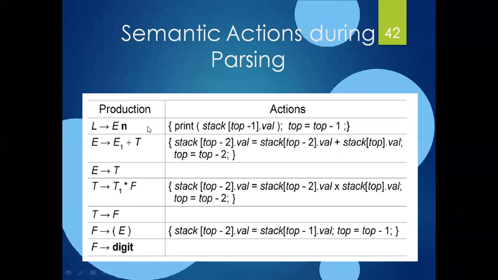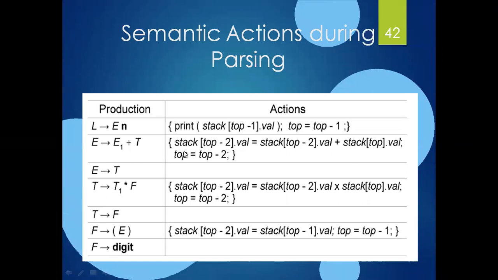When I'm checking the stack, the topmost position is T now. Top minus 1 is plus, top minus 2 is an E, right? So stack of top minus 2 dot val is equal to stack of top minus 2 dot val plus stack of top dot val.